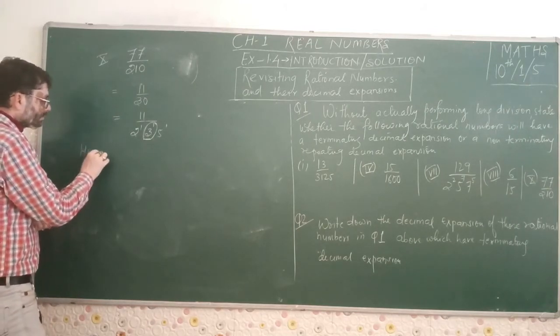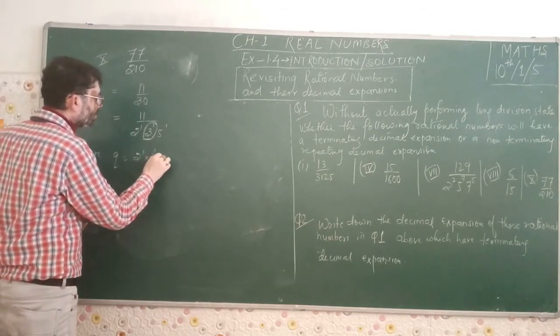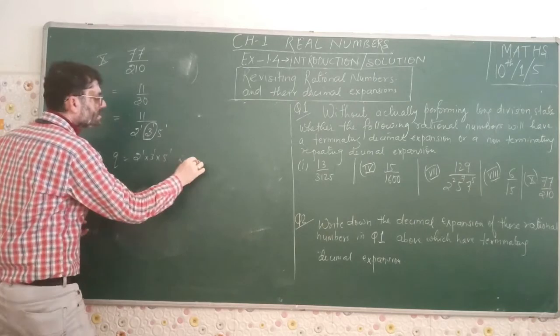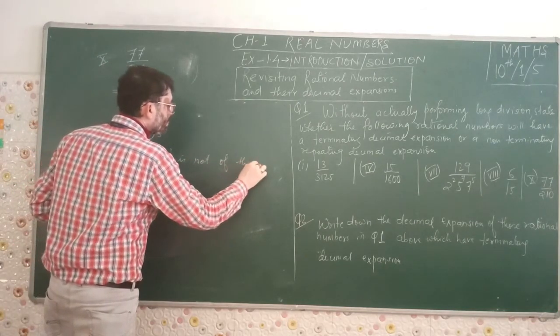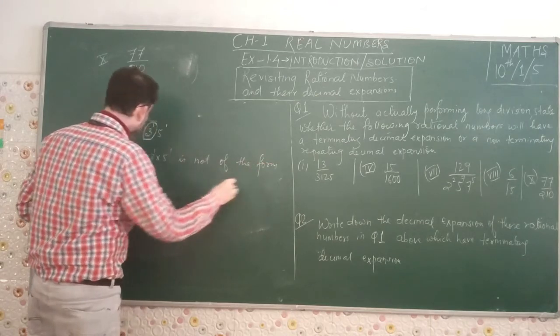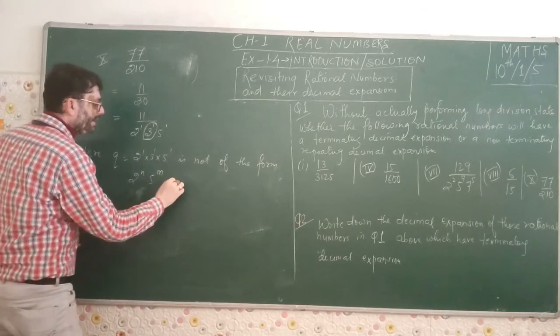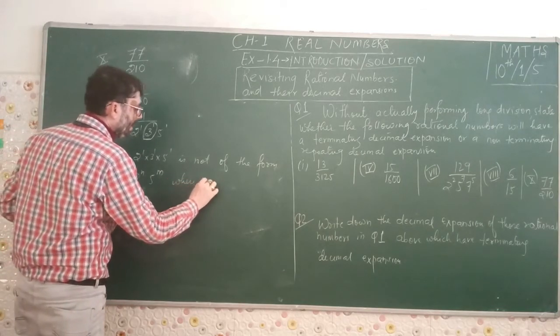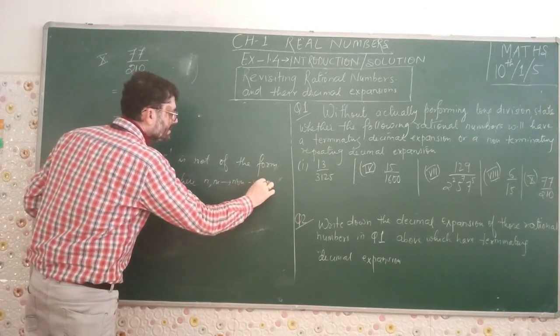Here Q equals 2 to the power 1 into 3 to the power 1 into 5 to the power 1 is not of the form 2 to the power n, 5 to the power m, where n and m are non-negative integers.